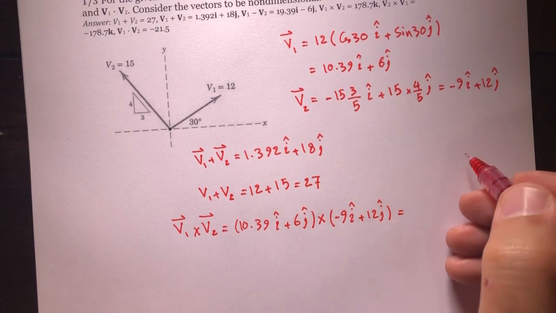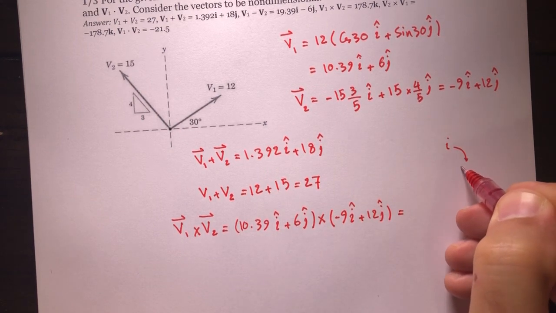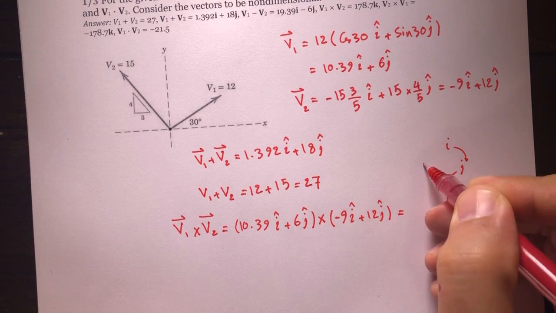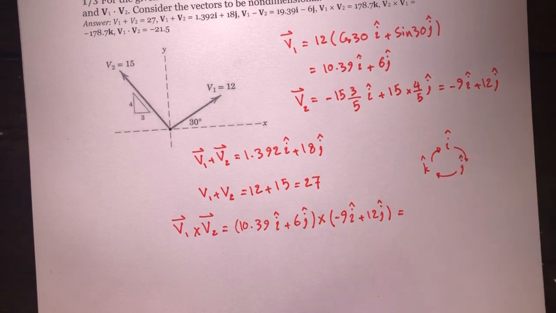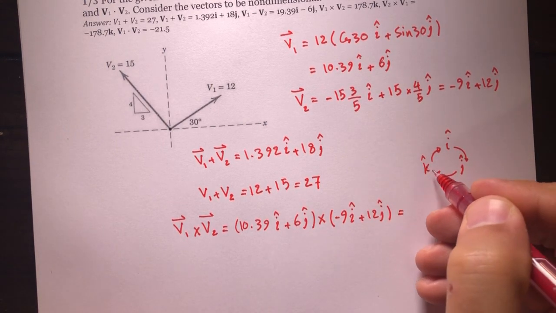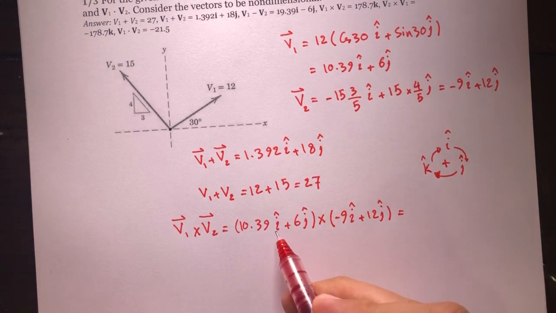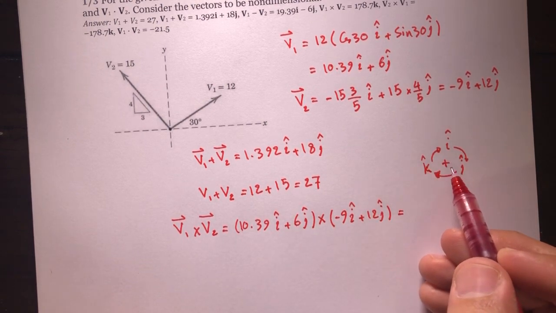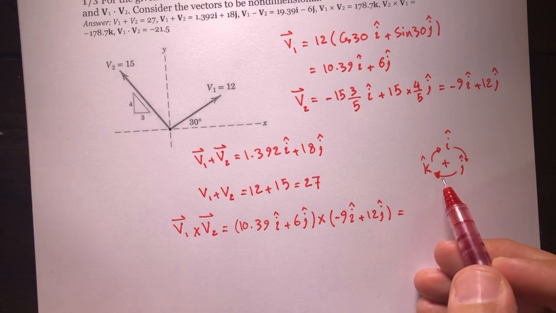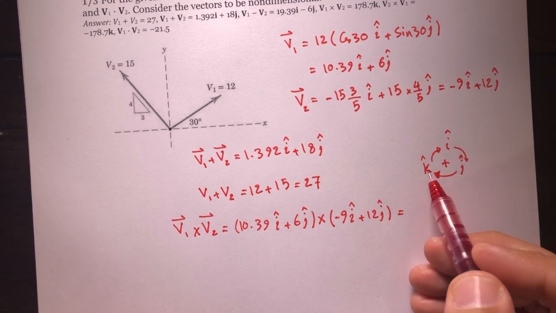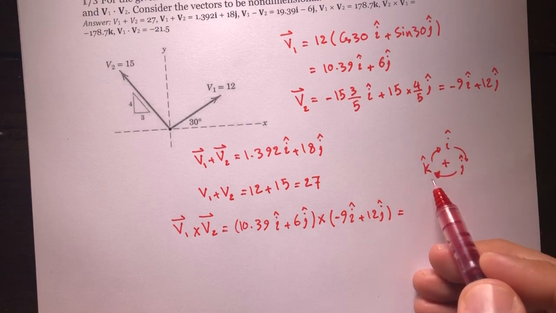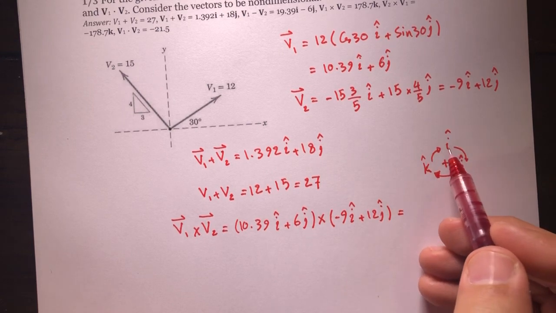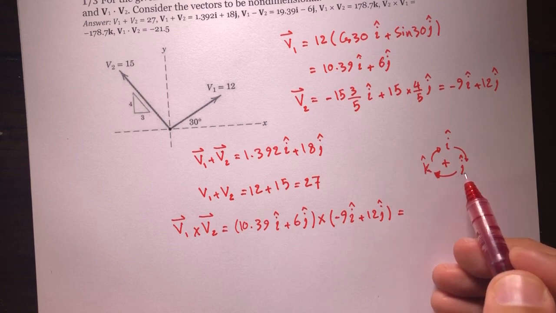So just to remind you, always look at this schematic, this figure. When you are doing cross product between these unit vectors, you can actually figure it out from this without even thinking. I cross j is k, j cross k is I, k cross I is j. And if you go in the opposite direction, it's going to be negative. For example, I cross k is going to be negative j, etc.